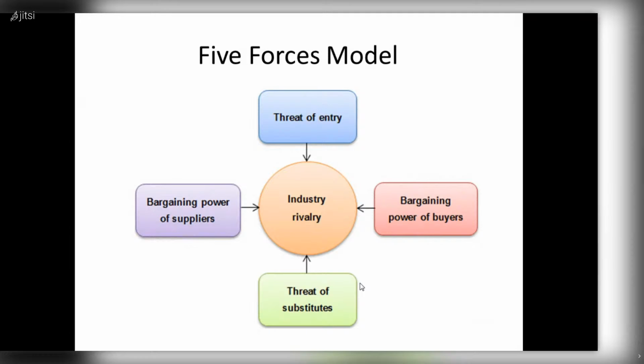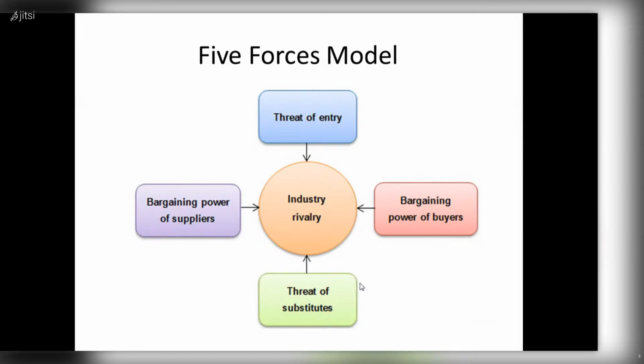One of the important strategic models was developed by Michael E. Porter in 1979 to understand how the key competitive forces are affecting an industry.